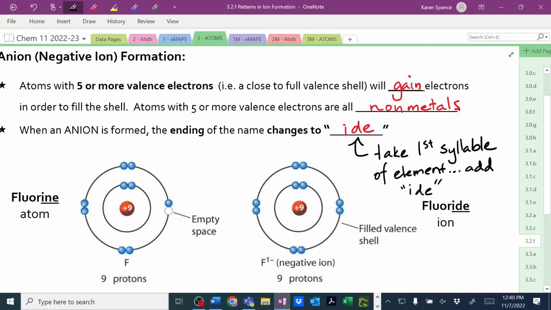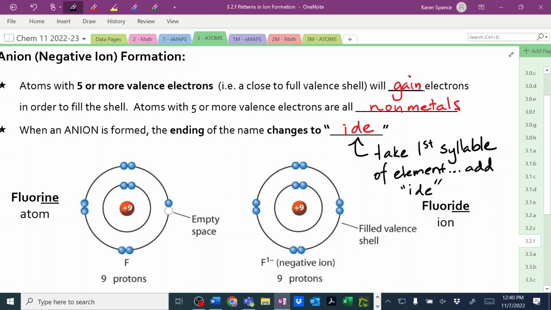Oxygen becomes, okay, everybody, oxygen becomes, nitrogen becomes, phosphorus becomes, hydrogen becomes, okay, so just 2 syllables, take that first syllable, add "ide." The only one that doesn't do it is selenium, but you're hardly ever going to come across that. Selenium is selenide, okay?